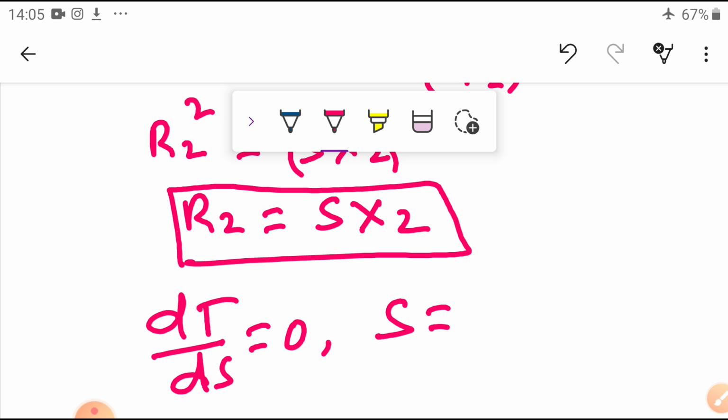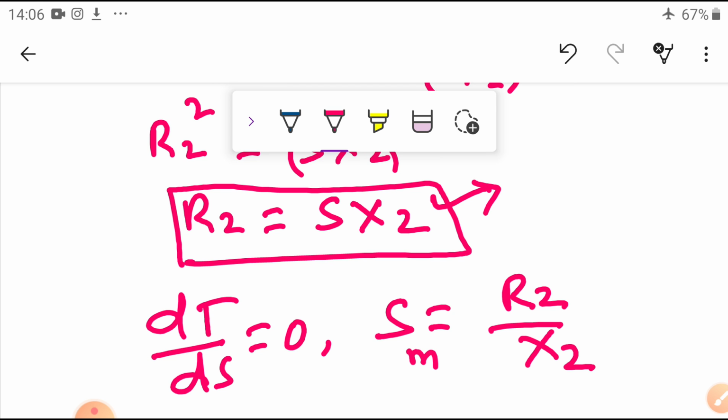So when R2 by X2 comes, that means the maximum. What has happened? When the reactance of the rotor becomes equivalent to the rotor resistance value, at that condition it produces the maximum torque, that is the pull out torque.